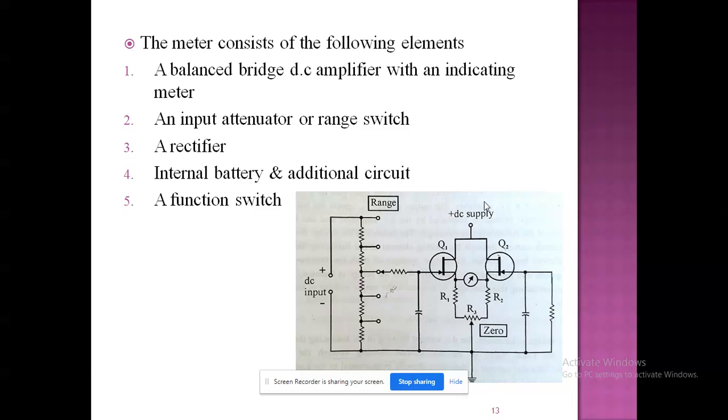The two FETs Q1 and Q2 form the upper arm of the bridge, whereas the source resistors R1 and R2 along with the zero adjustment resistor R3 form the lower arm of the bridge. The indicating meter is connected between the source terminals of the FETs.